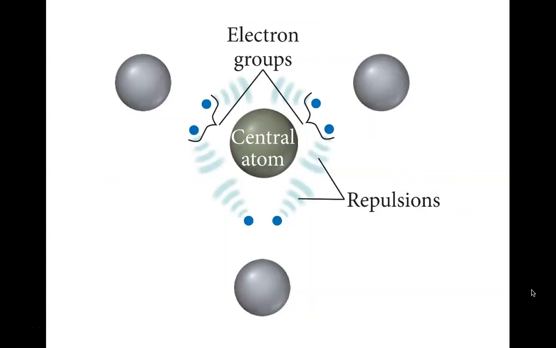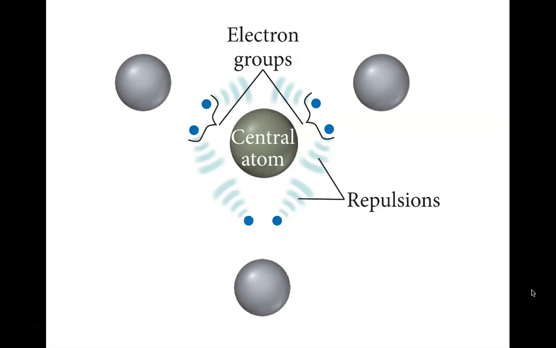Okay. Going back to valence shell electron pair repulsion, we know that these electron groups that are highlighted here are bonding electrons. They repel each other. They want to get as far from each other as they can. In this scenario, we have a trigonal planar structure.